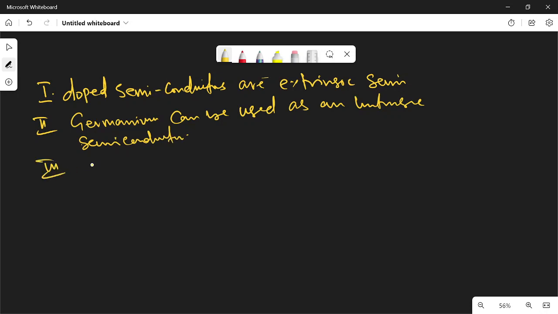Roman figure 3, silicon can be used as an extrinsic semiconductor.